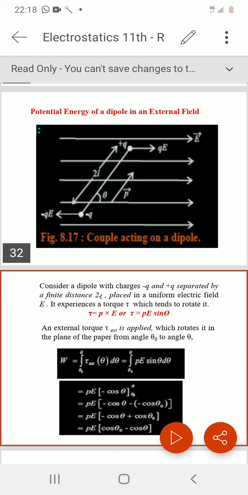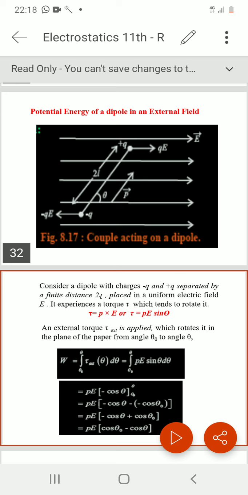So we have the torque equation PE sine theta, and as we are applying external torque, it means we are performing work. So work done W is equal to the integration of tau external of theta into d theta. So put the value of tau external, which is the same as tau, which is PE sine theta d theta.